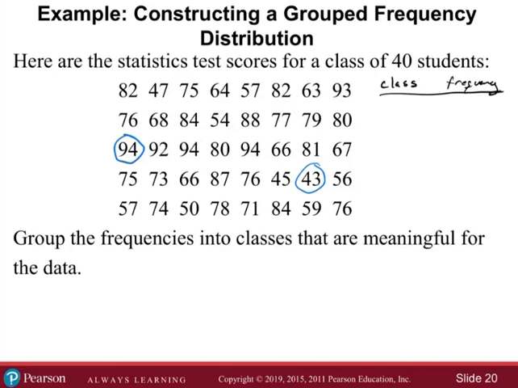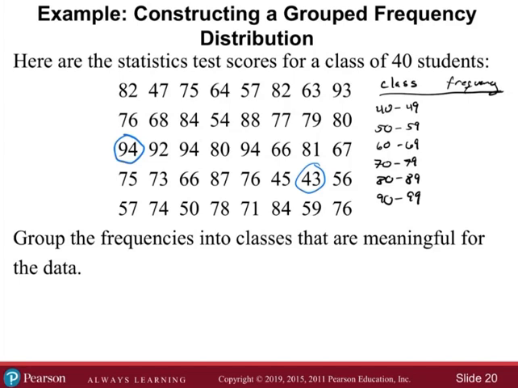So then we have 40 to 49, 50 to 59, 60 to 69, 70 to 79, 80 to 89, and 90 to 99. Every time a result falls in one of those classes, it gets a tick mark.